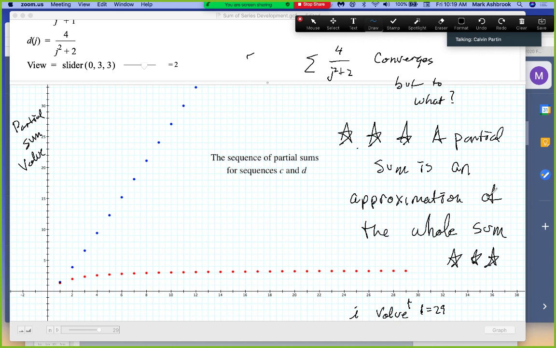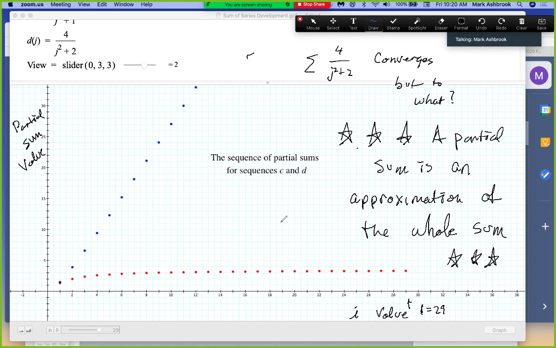Sorry, if the series converges. If the series converges, right? So that wouldn't make sense to say about this one. Any partial sum you picked here would be a finite value, and we know this sum just keeps growing and growing and growing. So when the series converges, a partial sum could be an approximation of the whole sum.